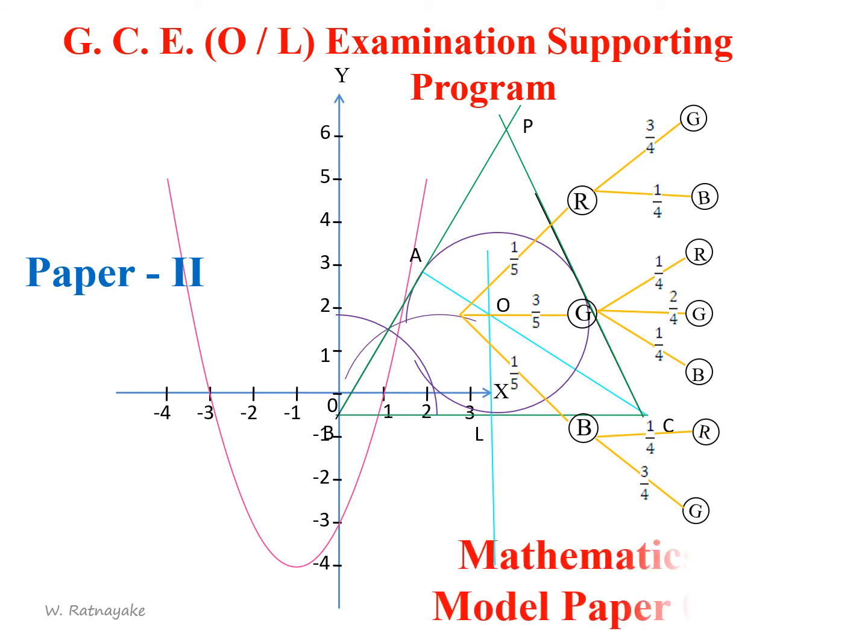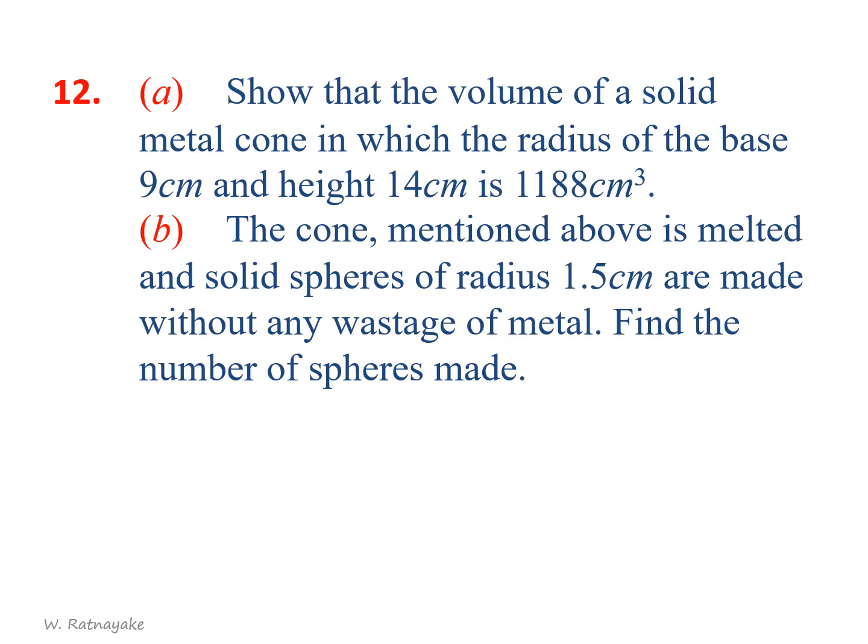The question is like this. Part A: show that the volume of a solid metal cone in which the radius of the base is 9 centimeters and the height is 14 centimeters is 1188 cubic centimeters.